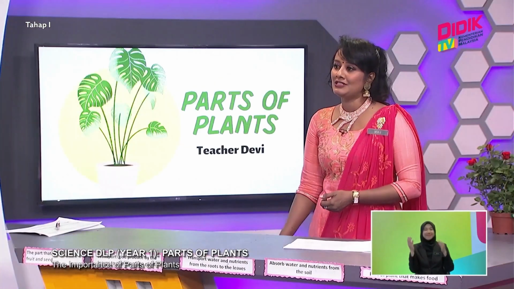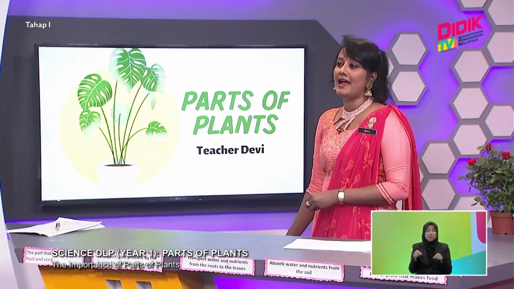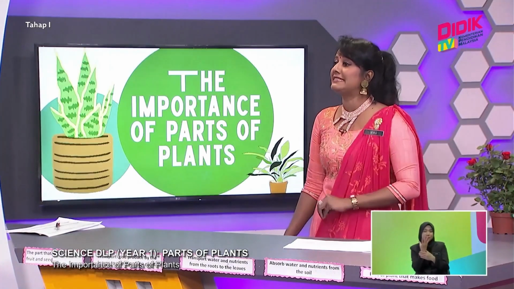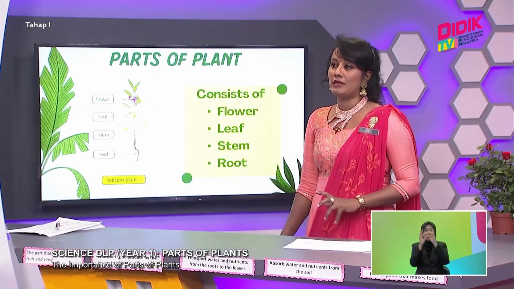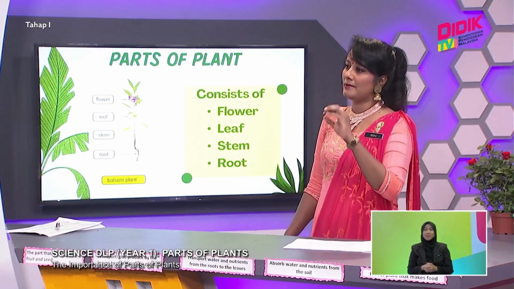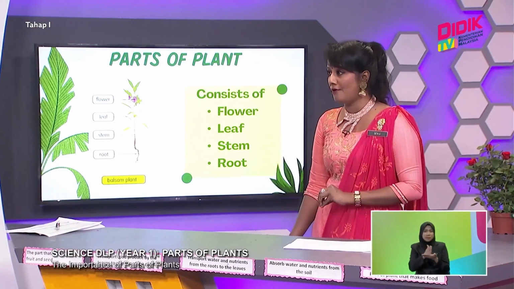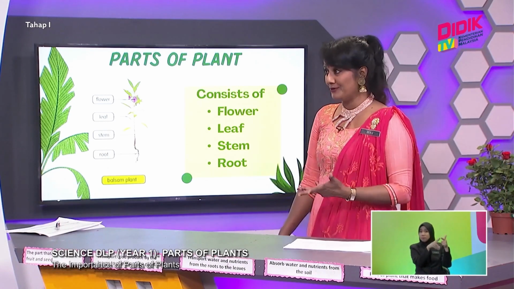Okay, our lesson today is parts of plants, as Shafika said just now. We are going to learn the importance of parts of plants. First of all, the parts of plants consist of flower, leaf, stem, and root.